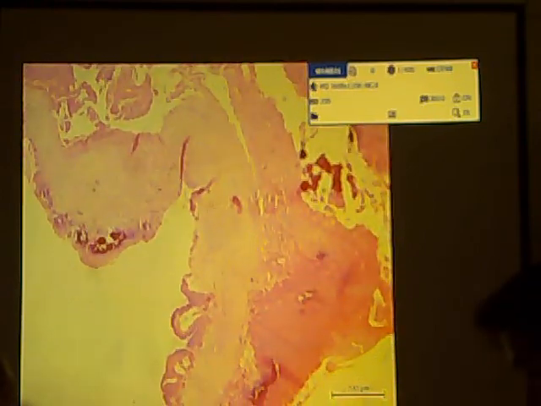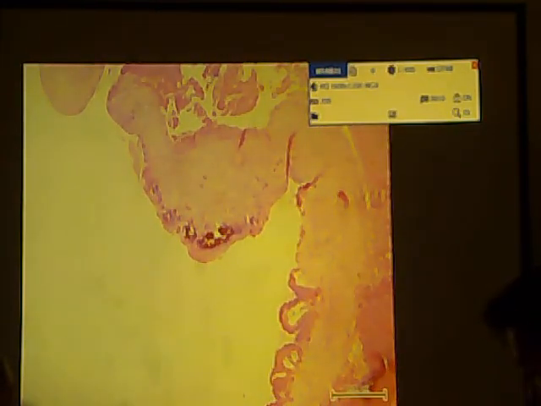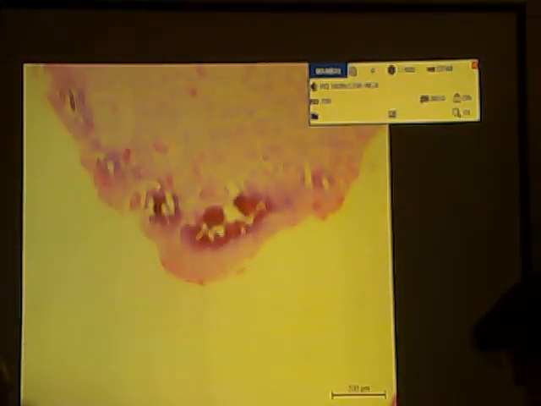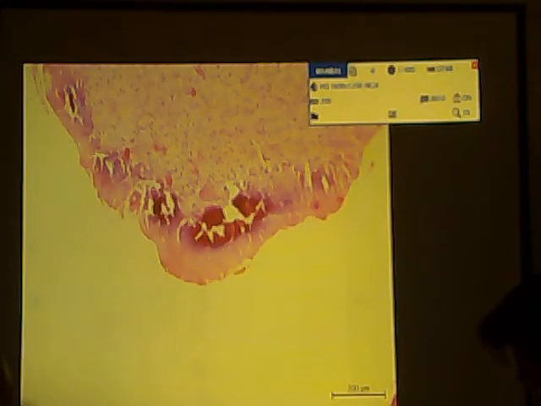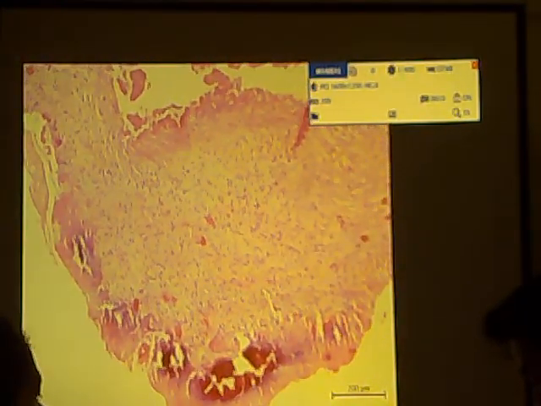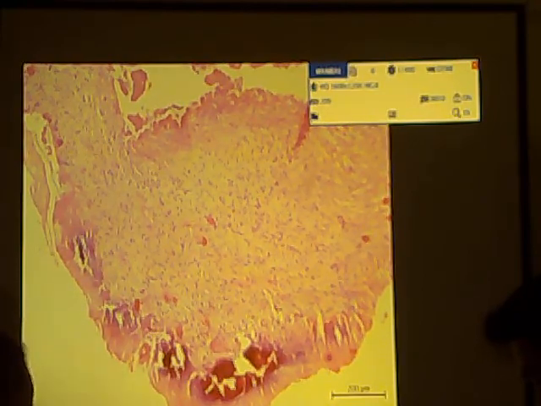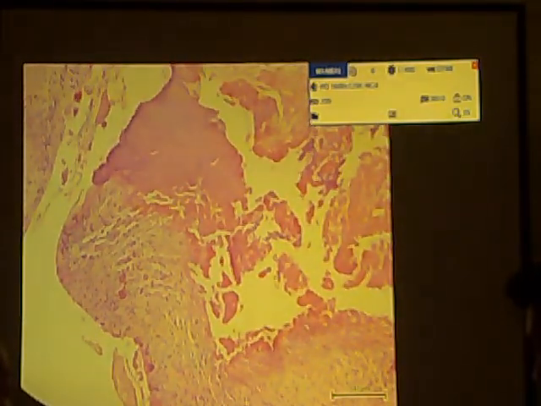So your manual says presence of bacterial plaque, described as dark pink to violet areas with scattered bacteria.